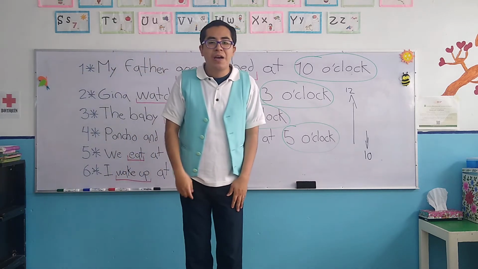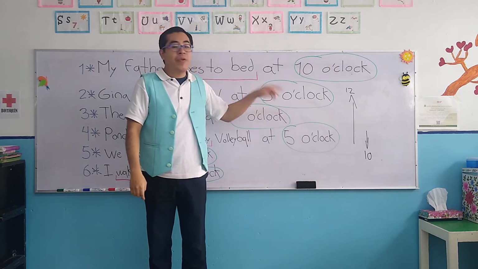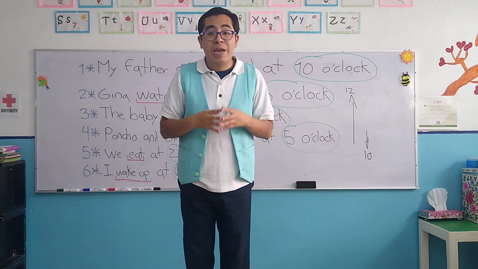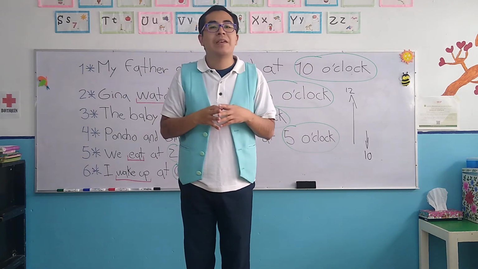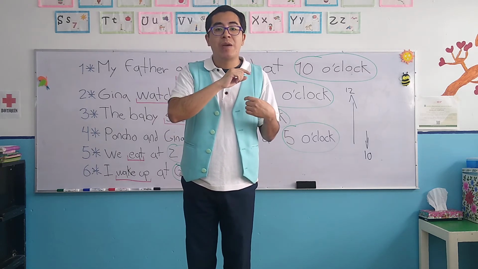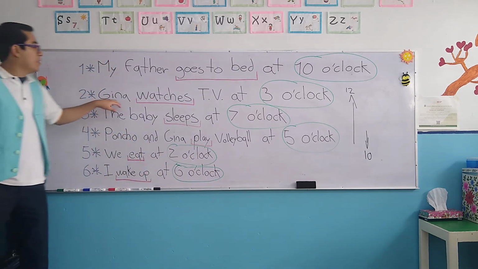Okay? Gina watches television at 3 o'clock. Now in Spanish, Gina ve la televisión a las 3. Okay? Now, let's repeat it one more time. In this occasion, don't forget to repeat it after me.